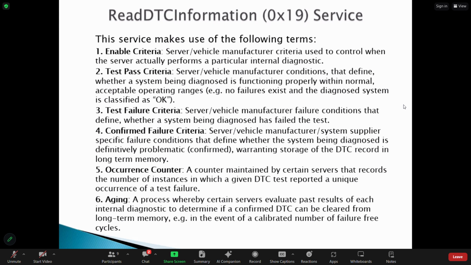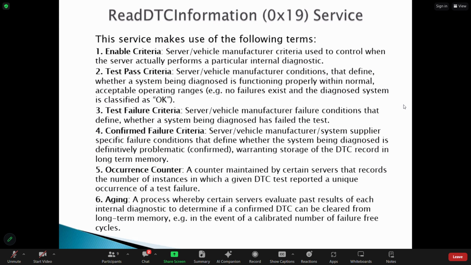And test failure criteria is when an ECU runs a test and the test fails. Let's say the ECU runs a test, what is the value of voltage received from the external power supply? The value of voltage is 8.3 volt. The test is failed because it should be minimum 9 volt. The value is less than 9 volt.